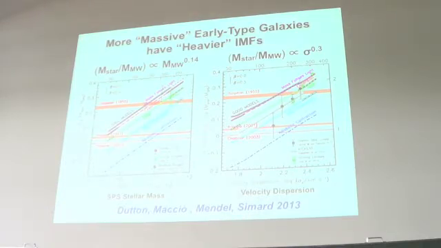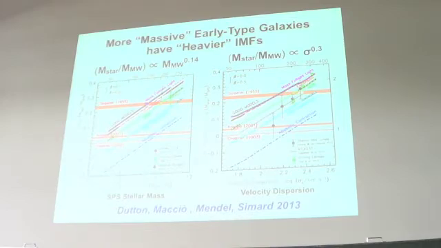It's not clear how much that is going to affect these results, but maybe it does argue for something more like mild contraction than something more extreme like mass follows light, even at the lower mass galaxies. I guess one of the things that does affect things a little bit is the anisotropy. Yes, I'm assuming isotropic, and if you add a little bit of anisotropy, that'll shift all my models down a little.